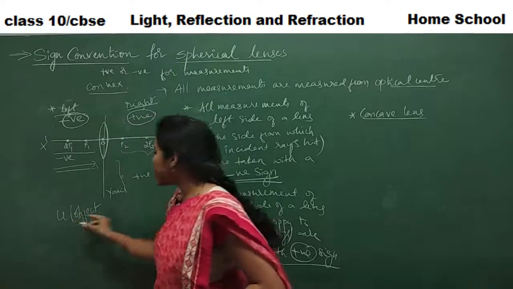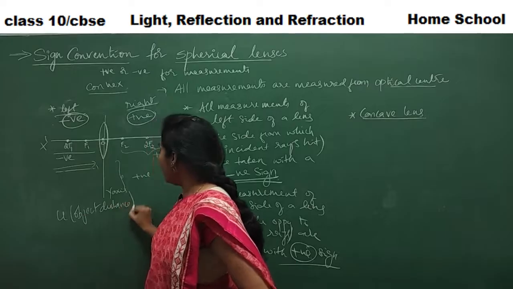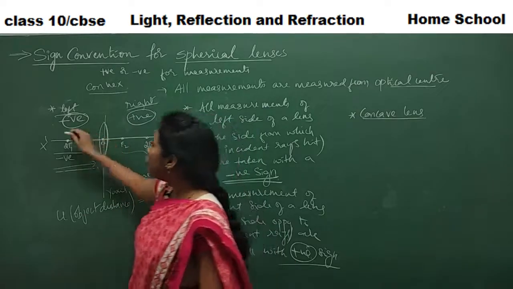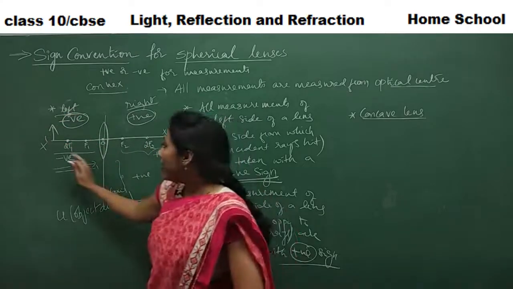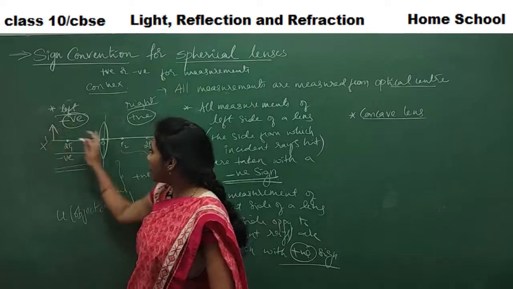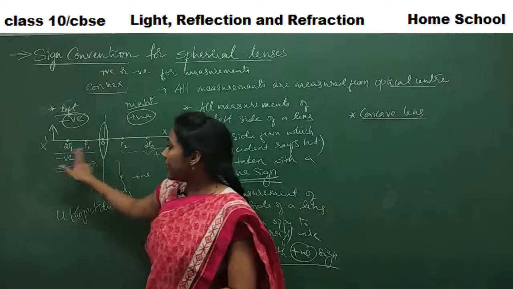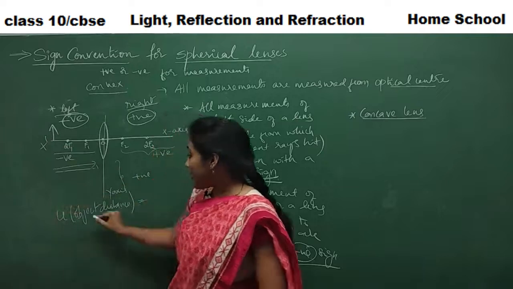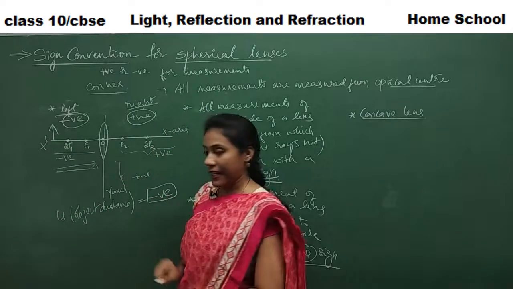So where will you place the object always? You will always place the object on the left side, so incident rays will pass from the object to the lens, right? This is the negative x-axis side. That means object distance is always given with a negative sign.